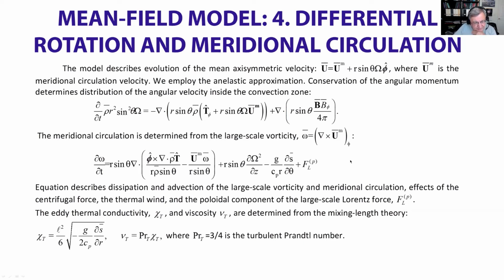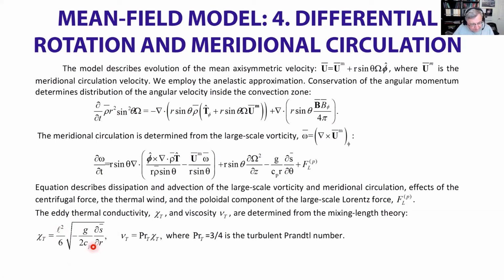So the question is how to actually take the turbulent coefficients, and they're taken from the standard solar model. We don't have a better definition so far. So the turbulent coefficients are taken from the mixing length theory. The equations at the bottom show that the eddy thermal conductivity depends on the mixing length, and it's determined from standard evolution theory.